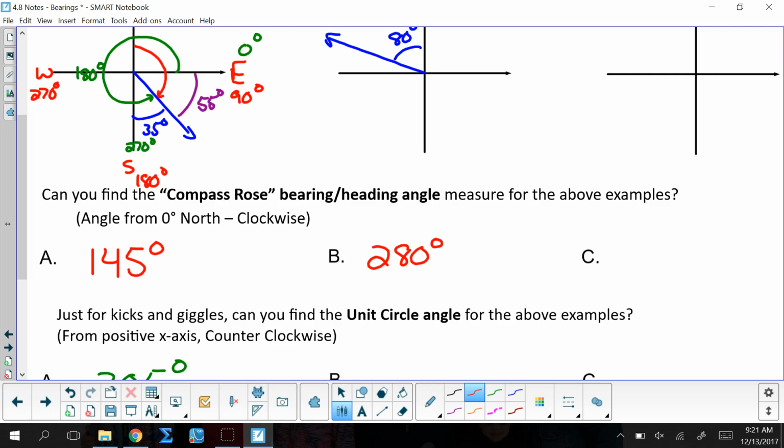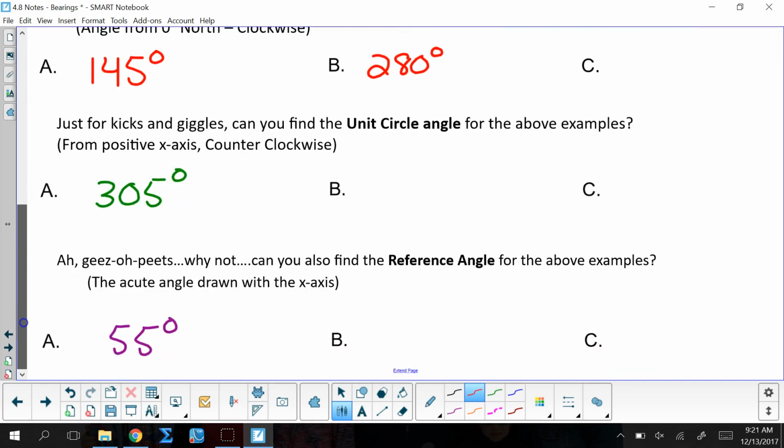That tells me that on the unit circle, I am at 170 degrees. And that tells me that my reference angle is 10 degrees. Do we all agree with those 4?